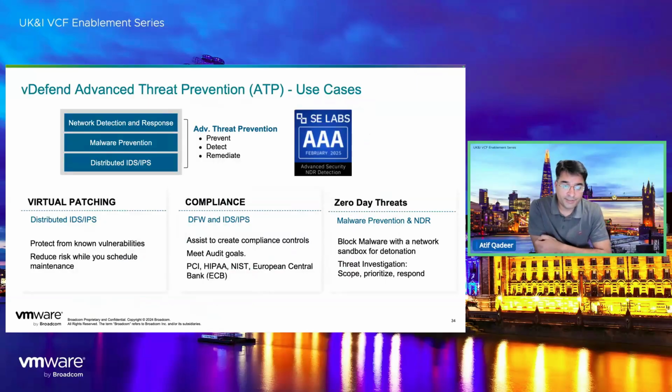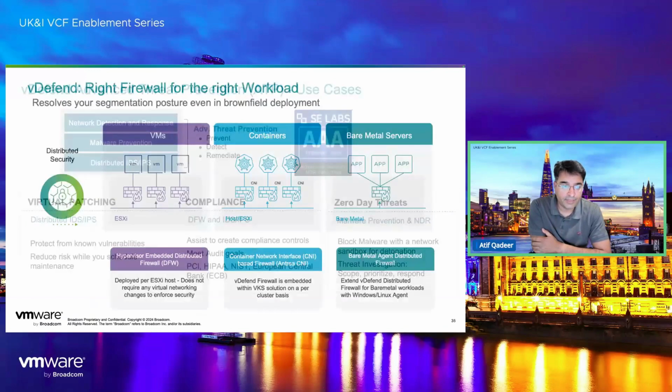So we can do virtual patching. I've just explained that we can achieve compliance. That is a combination of DFW and IDS/IPS, and that can give us protection against zero-day attacks from that perspective.